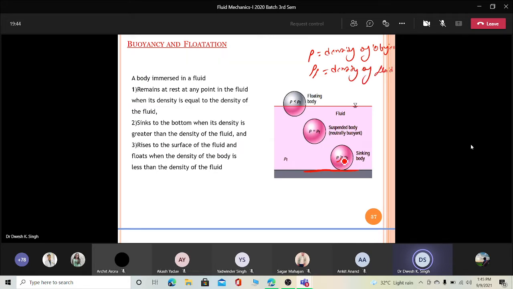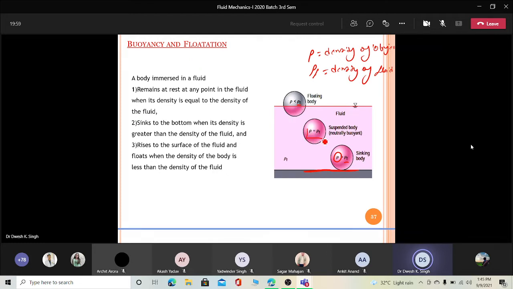This is the case when the density of the object is larger than the fluid. Sorry, the density of the fluid is lower than the density of the object.